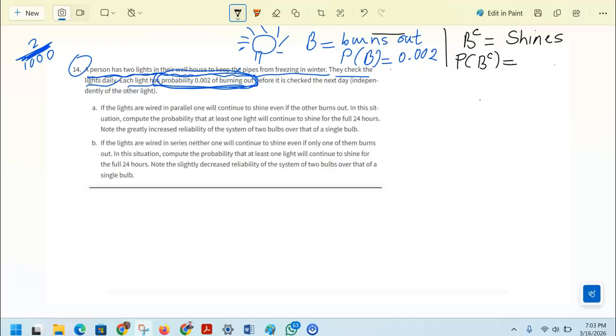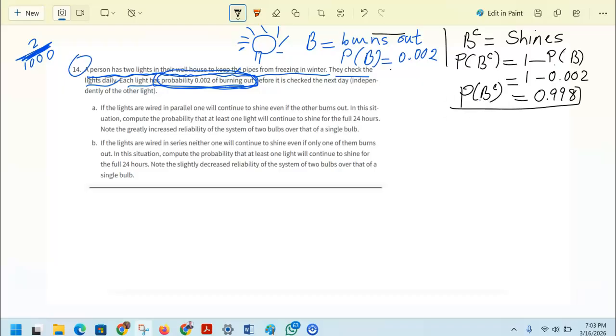The complement rule says we can write it as 1 minus the probability that it burns out. So the answer is 1 minus 0.002. If you use the calculator, you get 0.998.